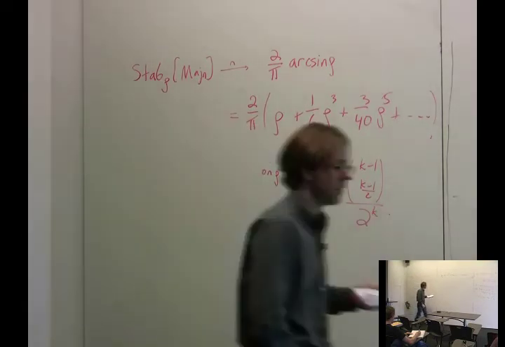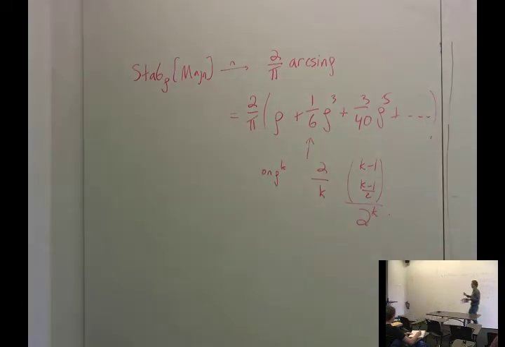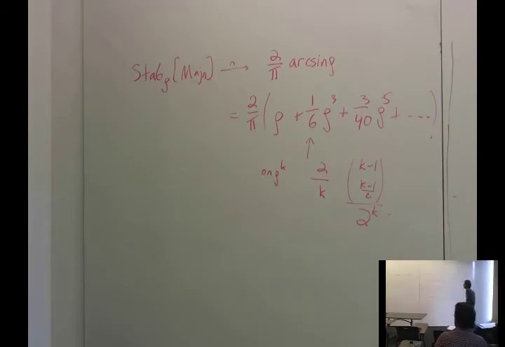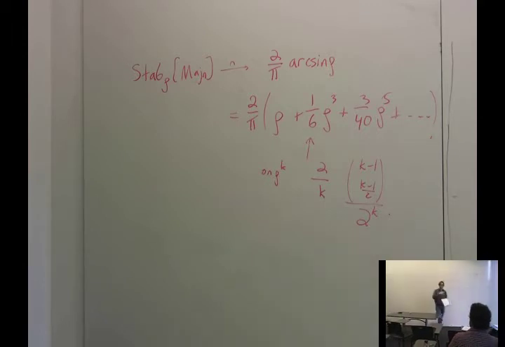Does anybody know how to actually do that? Yes, that's right. You take the derivative, and then you get 1 over root 1 minus rho squared, which you can get the Taylor series for by the general binomial theorem, and then you integrate. Very good. You know your math.